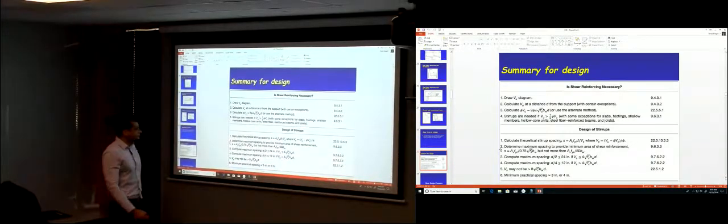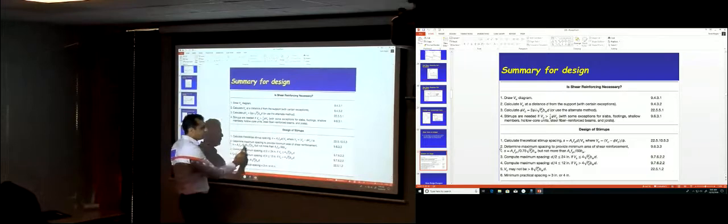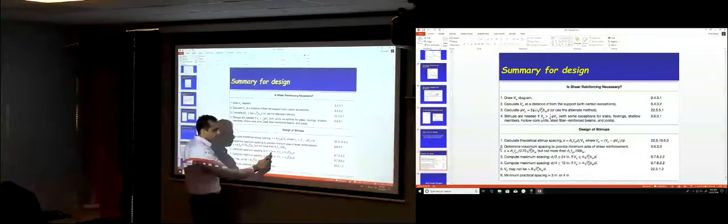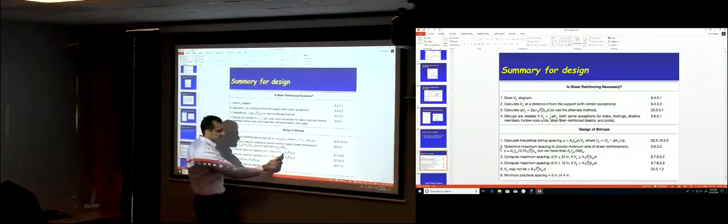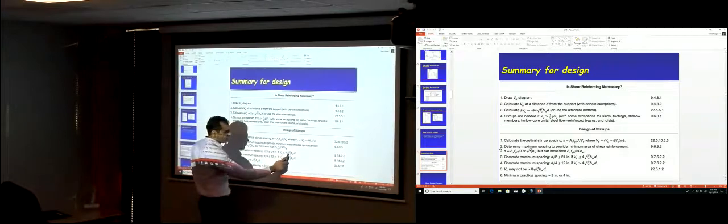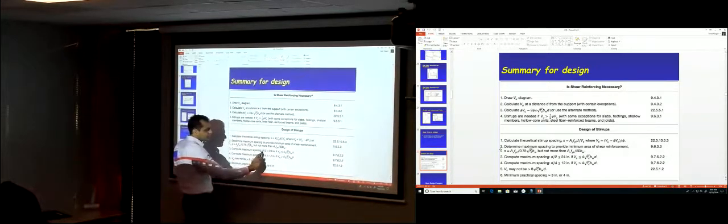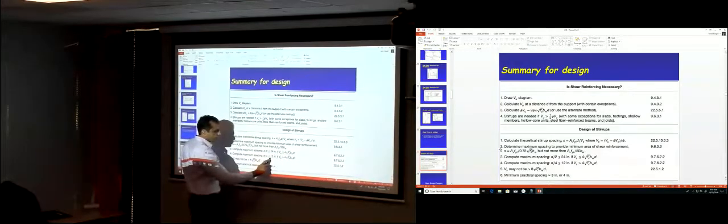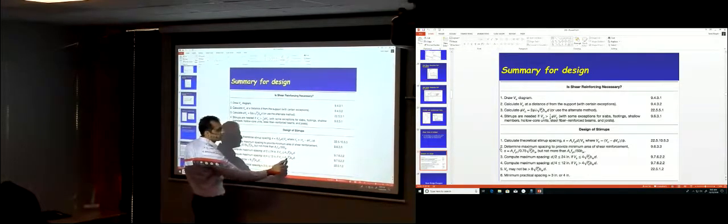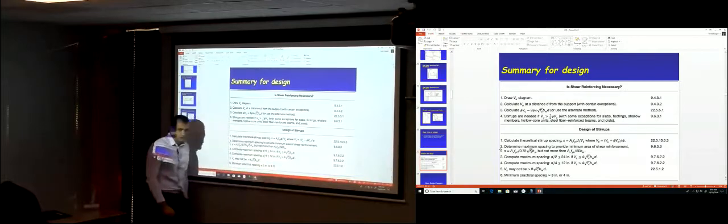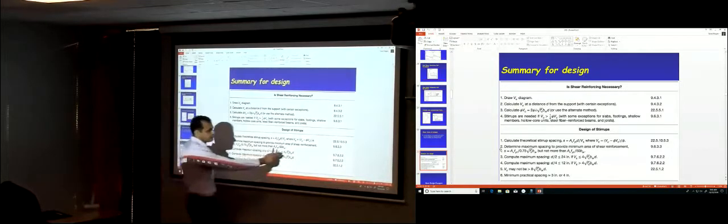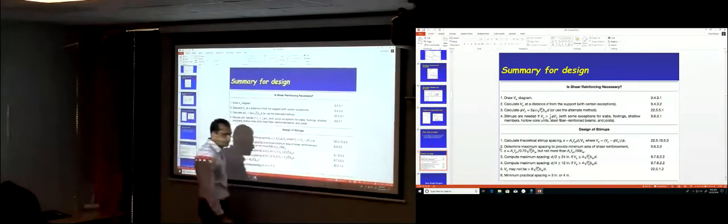And S maximum cannot be larger than d divided by 2 or 24 inches if Vs is less than 4 multiplied by square root f'c b web d, or it cannot be larger than half of this value, which is d over 4 or 12 inches, if Vs is larger than 4 multiplied by square root f'c b web d. Those are in section 9.7.6.2.2.